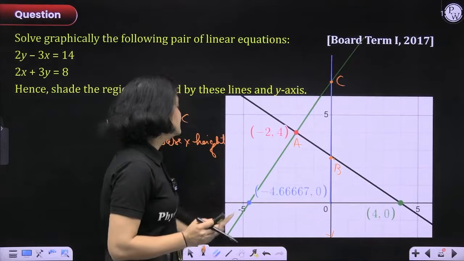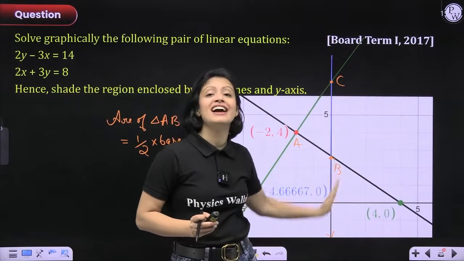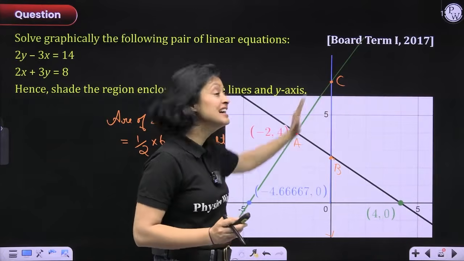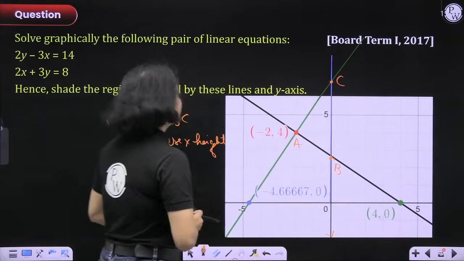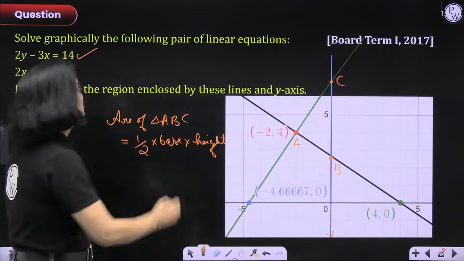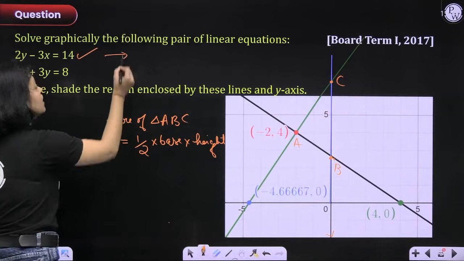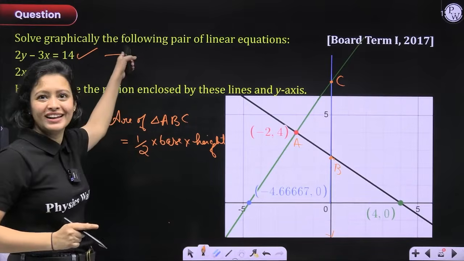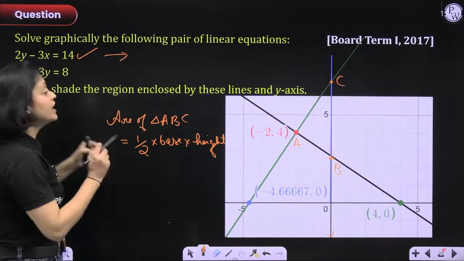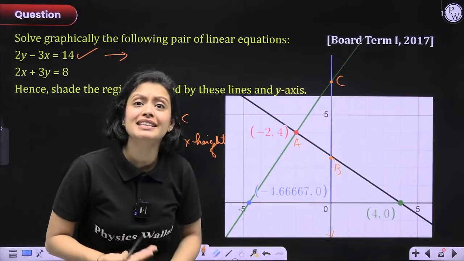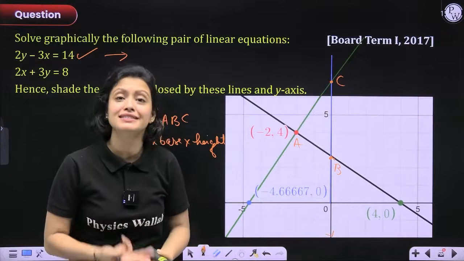So look, this green line is intersecting the y-axis at point C. So point C is the intersection point of the green line and the y-axis. So the green line here is this one. So let's figure out where this line will intersect the y-axis. That would give you C's coordinate, right? To figure out where the line is intersecting the y-axis, all we need to do is plug x as 0, because on the y-axis x is 0, right?